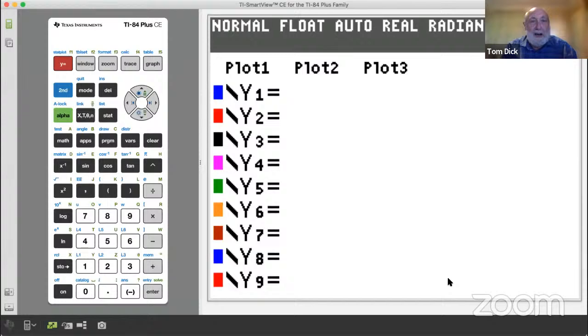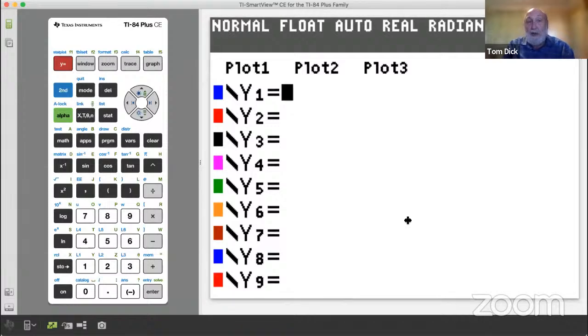I've opened up my TI-84 to the Y equals screen. When you're plotting functions in pre-calculus, over 90% of your time is spent with the Y equals functionality. But when we get to polars, we want to be able to do polar graphs, and there's some pretty neat functionality here.